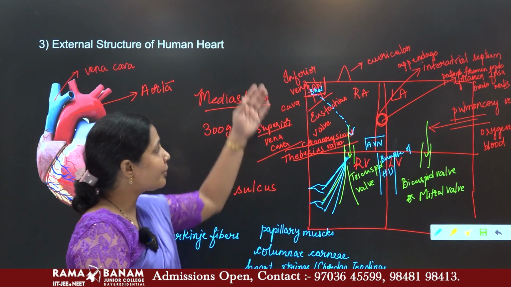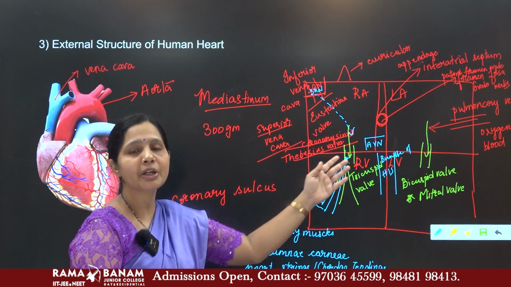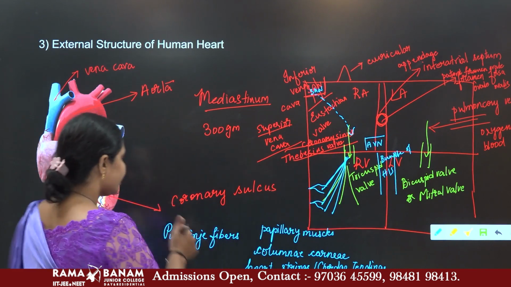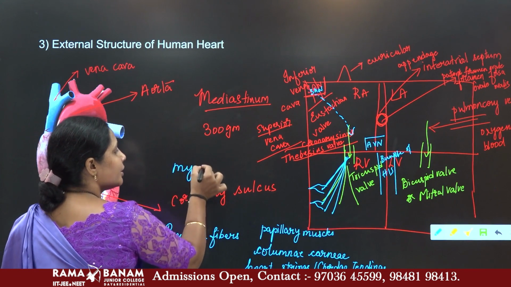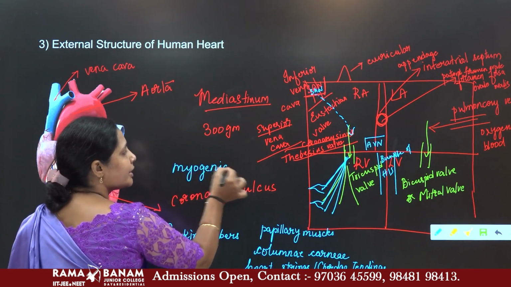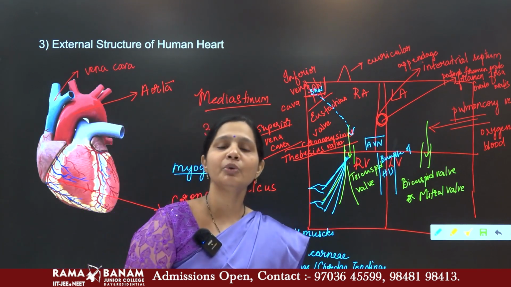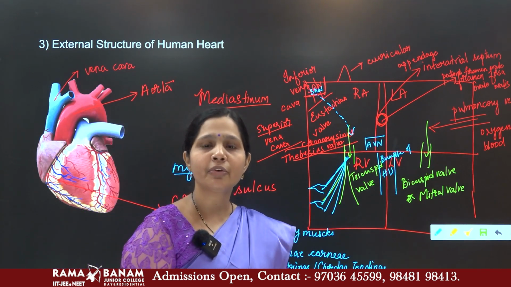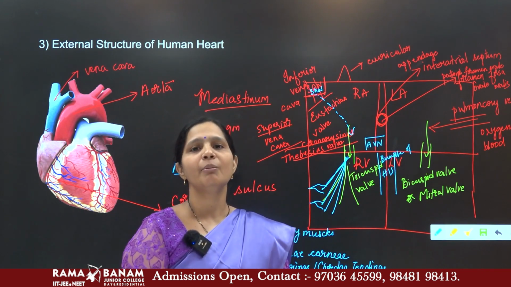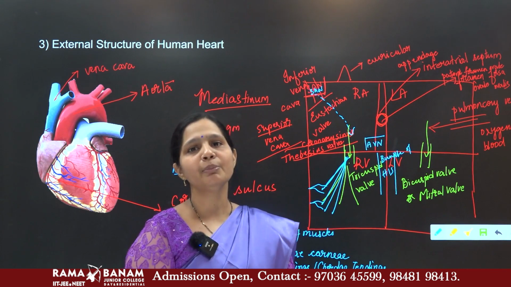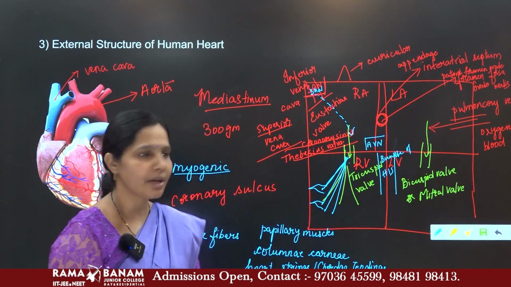Because of the presence of the sinoatrial node, which can generate its own action potential, the nature of the heart is myogenic. No doubt even the neural system, like epinephrine and adrenaline, also tries to regulate the heartbeat, but the heartbeat can be initiated by the sinoatrial node itself, right?